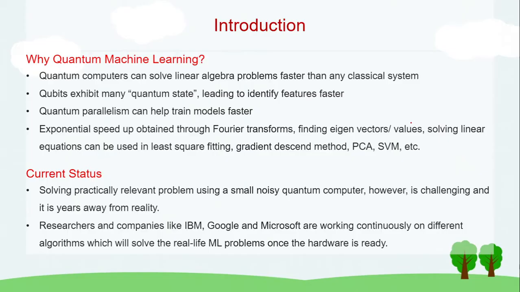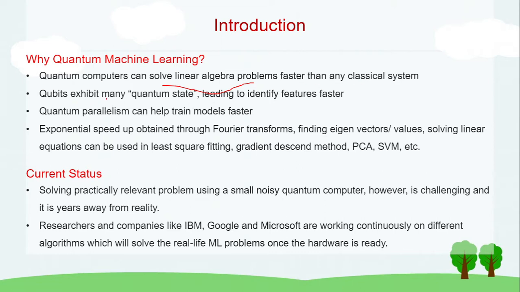So why quantum machine learning, when there are so many machine learning techniques working very nicely in various fields? The reason is we want to improve further. Still, it needs a lot of improvement, and making use of quantum computers, we all know that quantum computers can solve linear algebra problems much faster than any classical system.